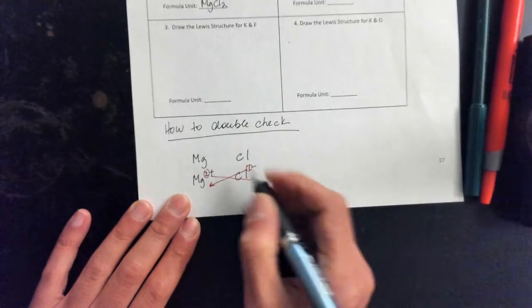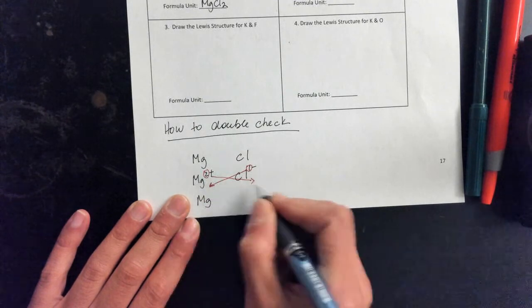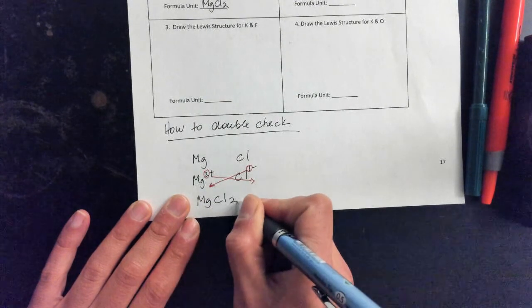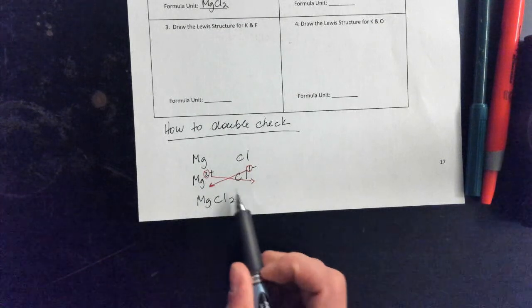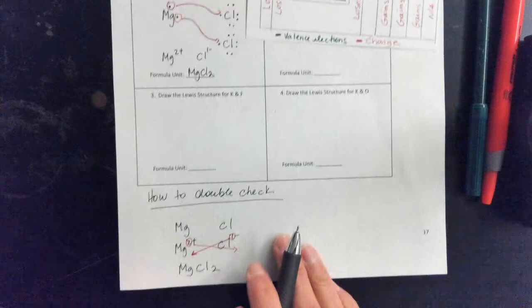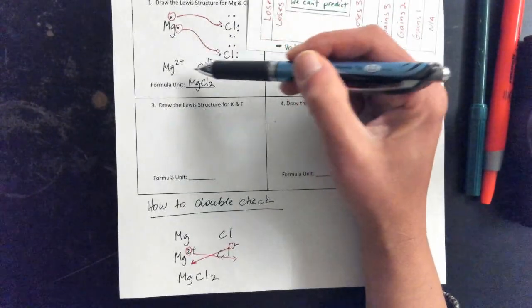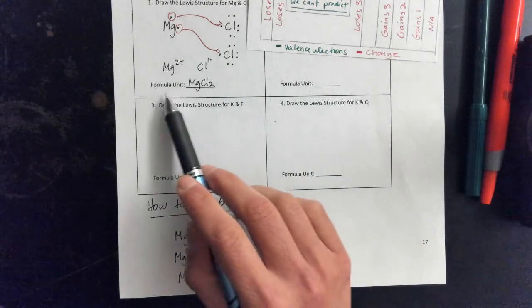So if you crisscross them, you're going to end up with magnesium 1 and chlorine 2. So again, this is a way to shortcut, so I know that this is the formula, but make sure that you are able to write exactly the mechanism in which the formula is derived.